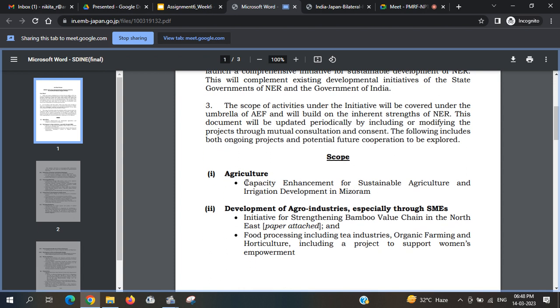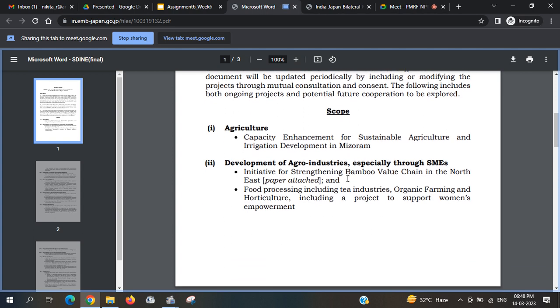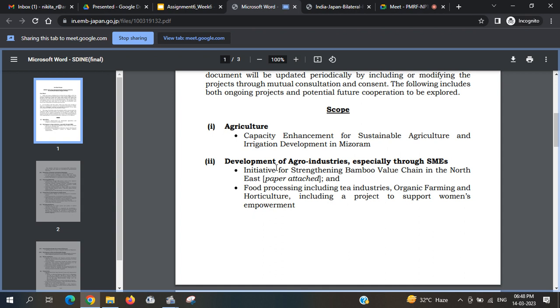So for example, in agriculture, capacity enhancement for sustainable agriculture and development in Mizoram. So this is for the specific state of Mizoram. For development of agro industries through small and medium enterprises, they have an initiative for strengthening bamboo value chain in Northeast. As you might know, bamboo is a very important natural resource which is used by agro industries in the northeastern states.